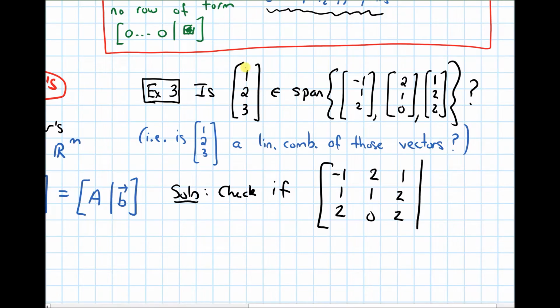And then I put the other vector, the 1, 2, 3, on the right-hand side of that augmented bar. So 1, 2, 3 on the other side. And I need to check if this system is, let's remember vocabulary, if this is consistent. And remember, consistent means, does this have a solution? Okay, so let's go ahead and do that. So to do this, we need to row reduce.